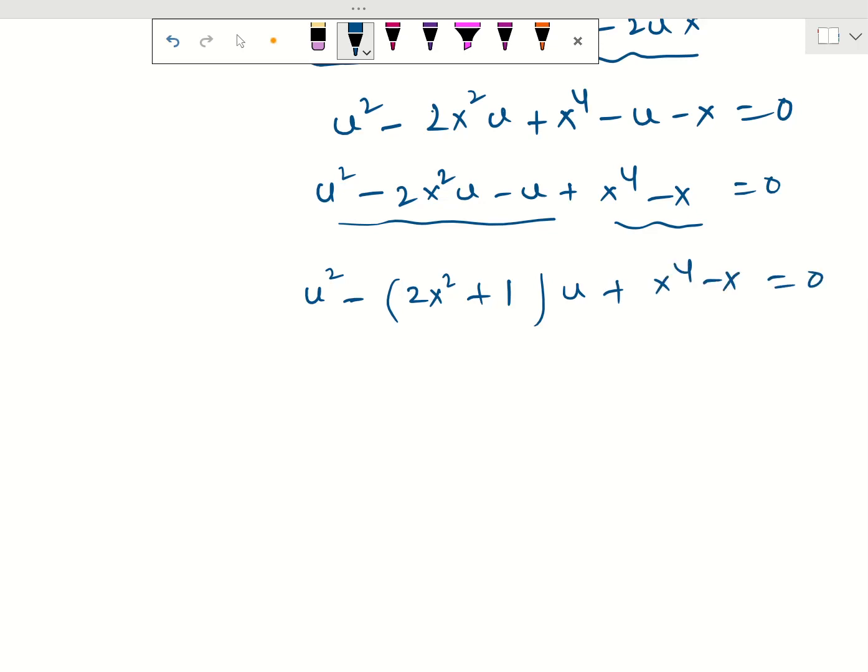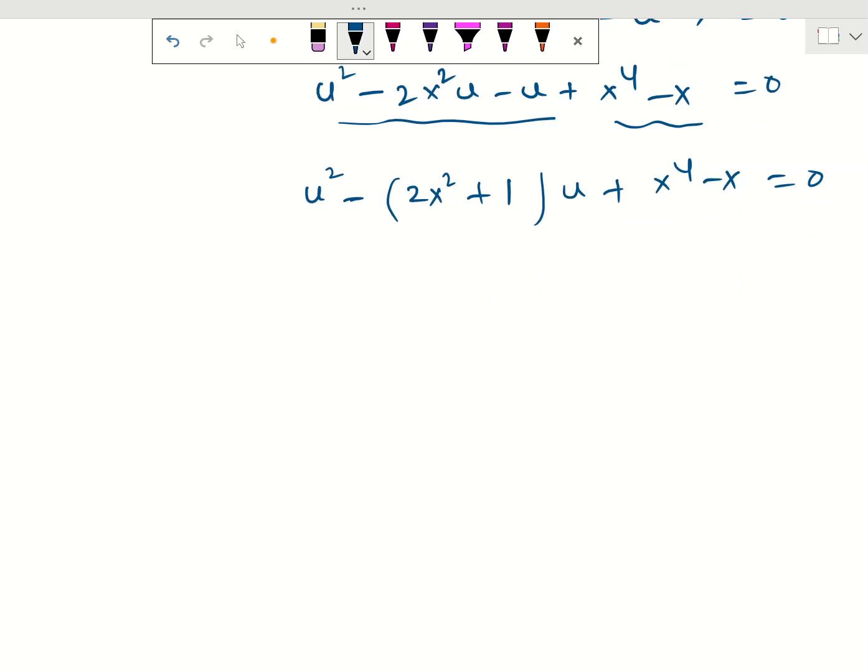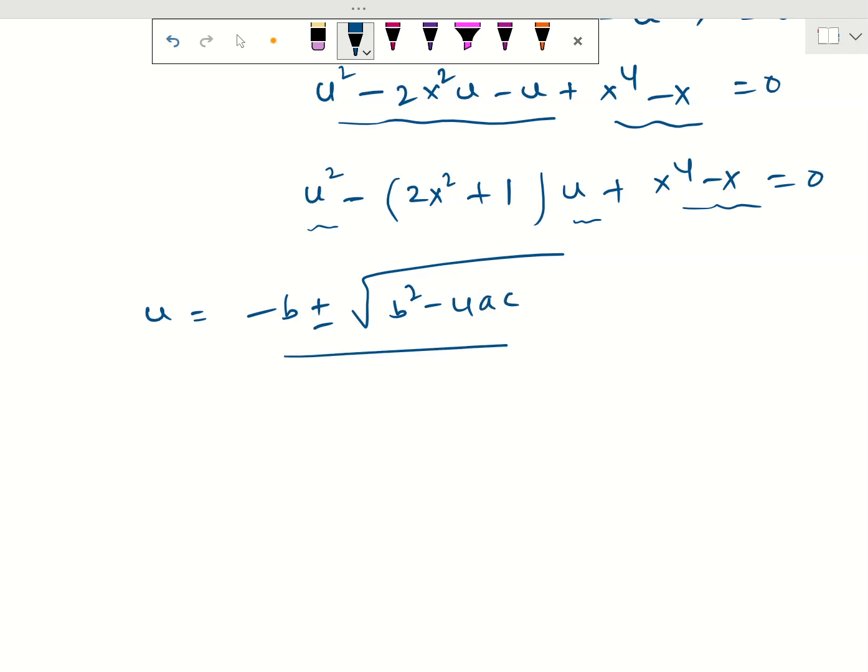So this is a quadratic equation in u, with u square, the u term, and this is the c term. We can solve this from the formula u is equal to minus b plus or minus square root of b square minus 4ac divided by 2a, because we cannot factorize this with normal methods.